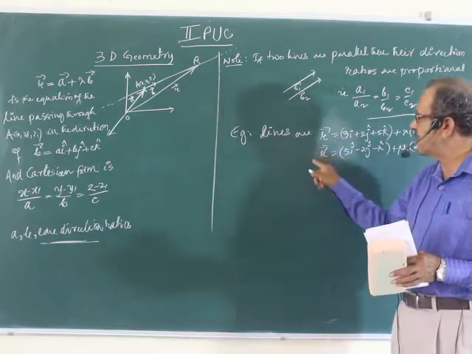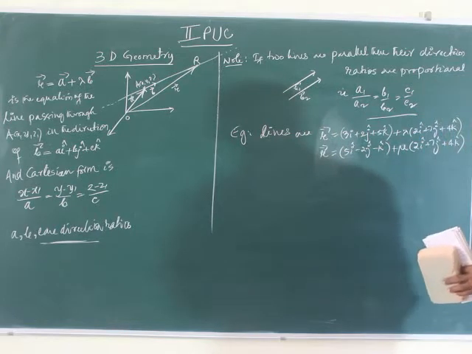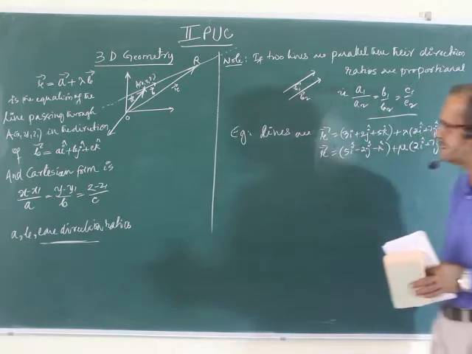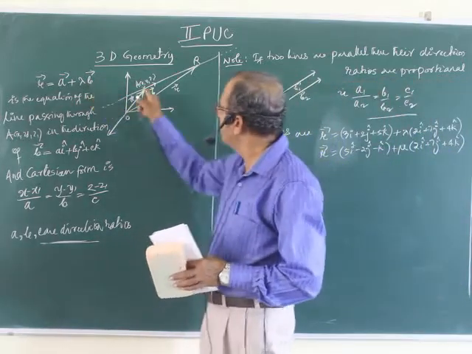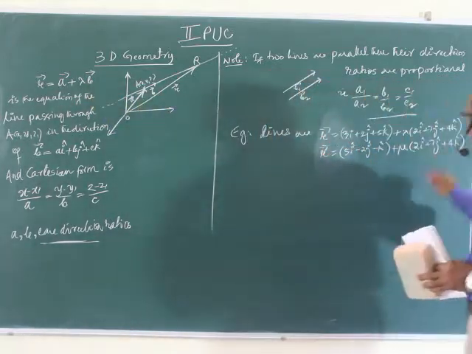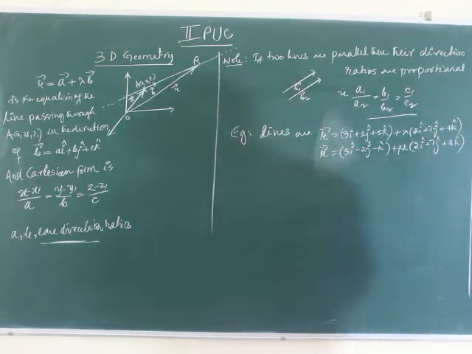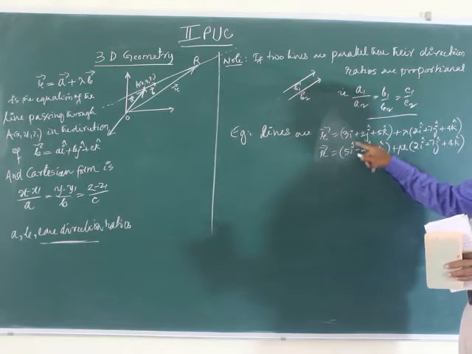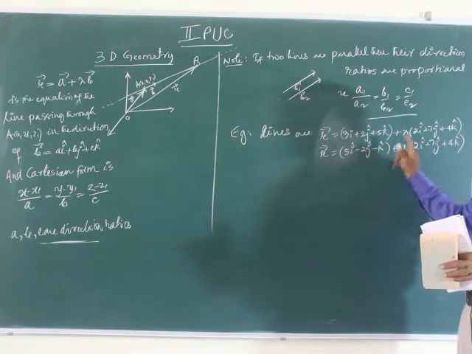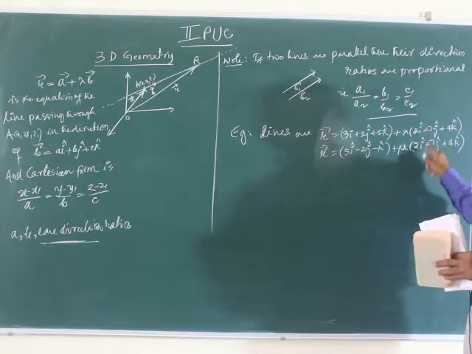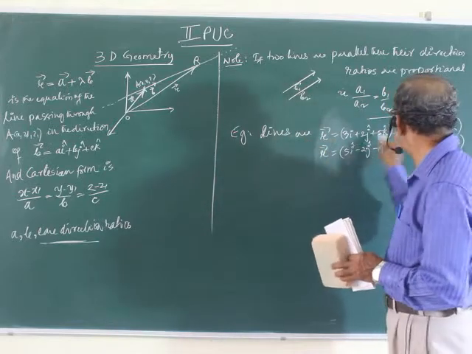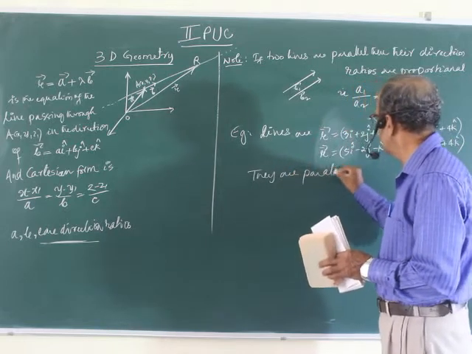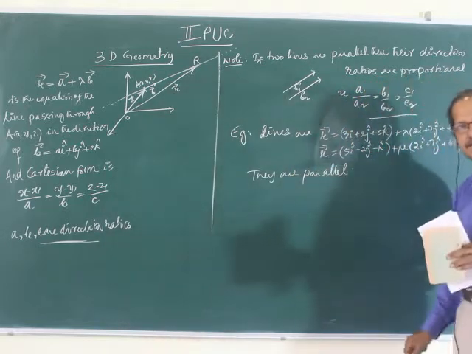No doubt these two lines are parallel, because vector B is the same vector I have taken. The point it passes through is different, (x1, y1, z1) and (x2, y2, z2), okay. But B is the same. The lines are parallel.